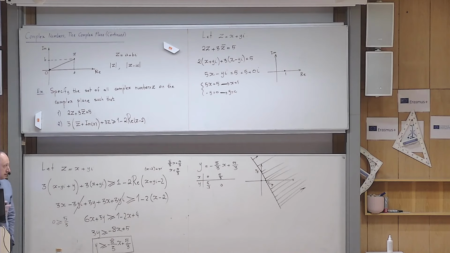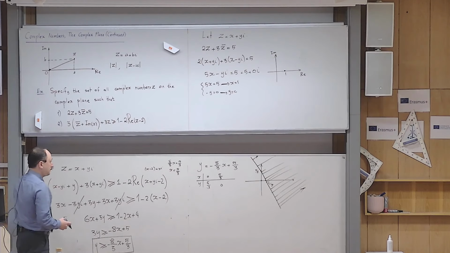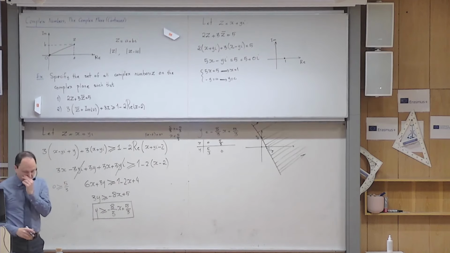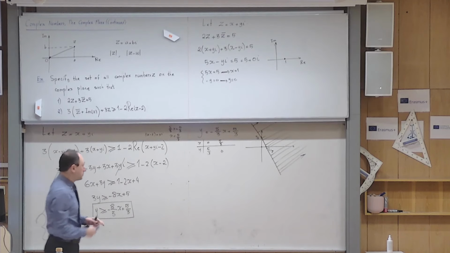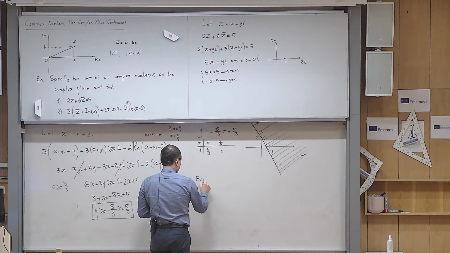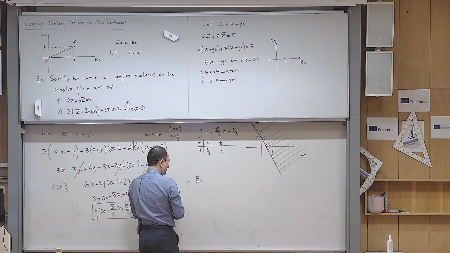So let me solve 2 different problems now, which can come in the national exam, and then probably we can solve some problems from the national exam. So this is an example.